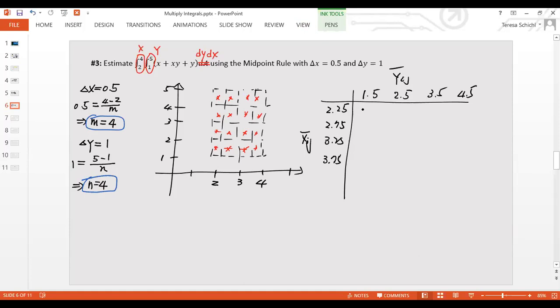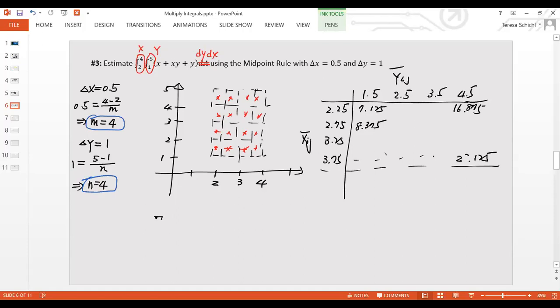So with 1.5 and 2.5 you will get 7.125, and this one here is 8.375, and this one is 16.875. It's very tedious, so you might want to use Excel or something to help you. After you input everything, this one is 25.125.